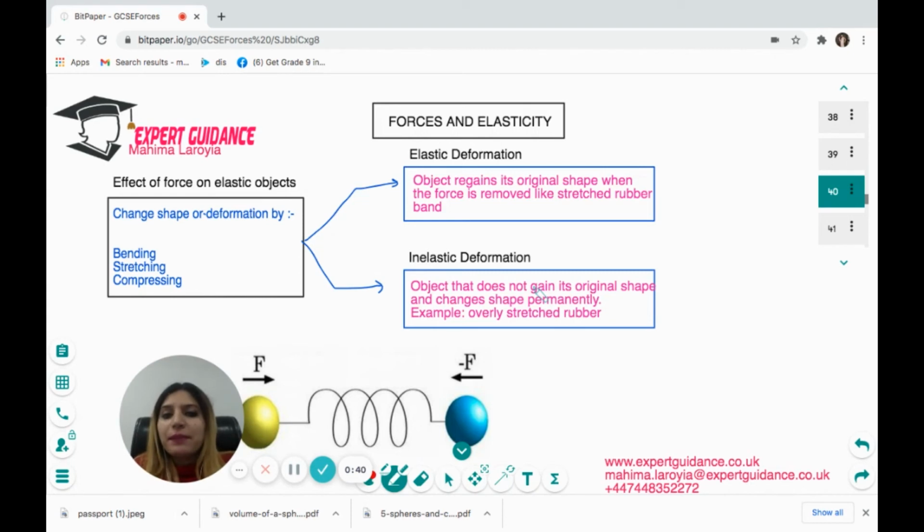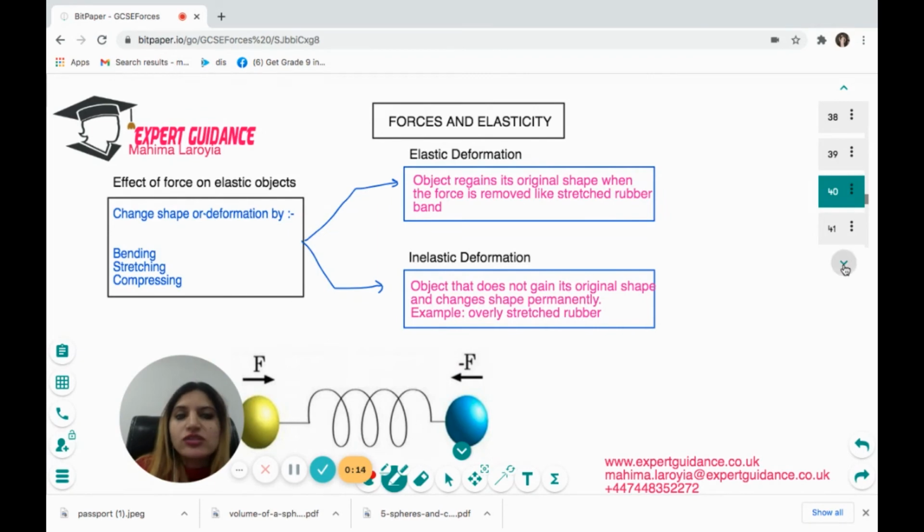The deformation could be elastic, so when the force is removed, the object regains its original shape. That kind of deformation is known as elastic deformation. Inelastic deformation is where the object does not regain its original shape and changes shape permanently after the force is applied. Example, an overly stretched limit.